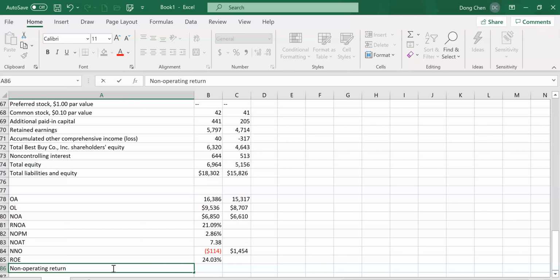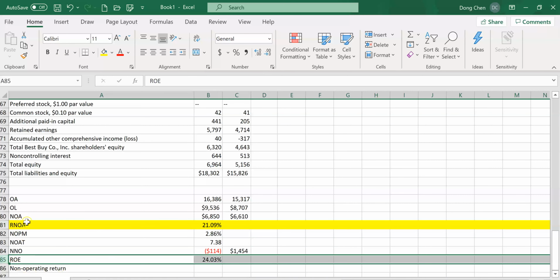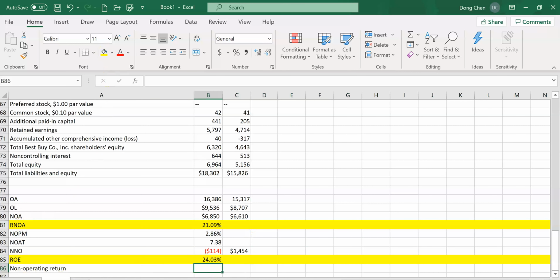Based on that, we have done the calculation for the return on net operating assets, RNOA. So this is basically the operating return, and then the difference between ROE and this RNOA will give us the non-operating return.